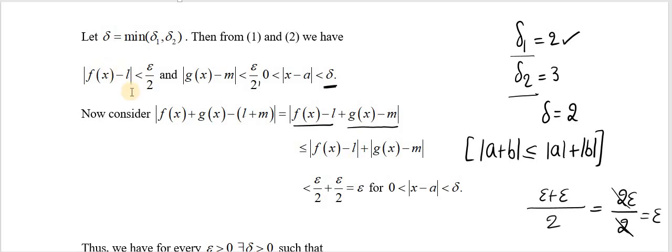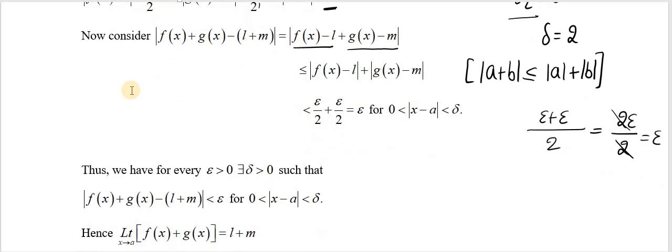Thus, for every epsilon greater than 0, there exists delta greater than 0 such that this LHS value is strictly less than epsilon. I already informed you, during these steps, if we get epsilon in one place with less than, finally we get less than only, for 0 less than mod x minus a less than delta.